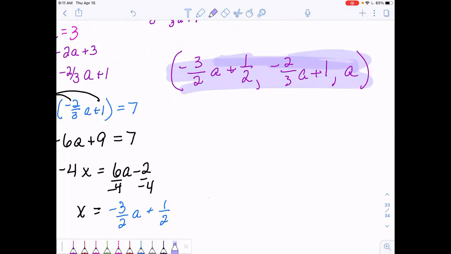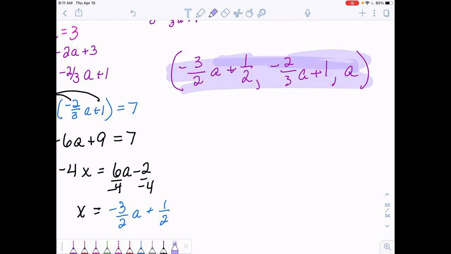Grant, if I said find 3 solutions, what could you do to find 3 different solutions using that ordered triple? You could put it in a graph. What else could you do? Darby? Yeah, pick your favorite number for a. Make it easy. I'd pick, I don't know, 0, 1, and -1.